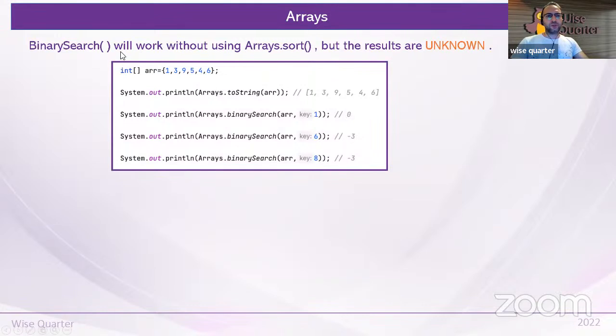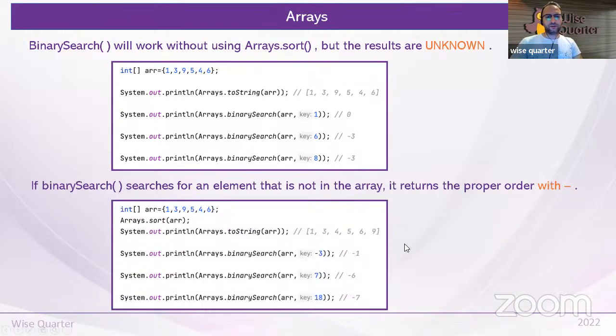Okay, yes. If you do not use sort, it will work, but results are mysterious. You cannot understand why the result is that. But of course, there's a logic behind that. I tried to show you a little, but still don't use it without sort. The results are not trustworthy.